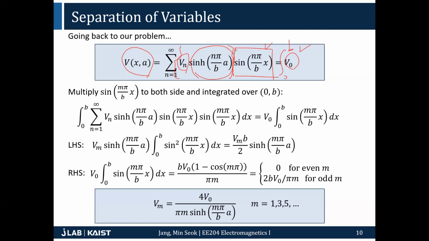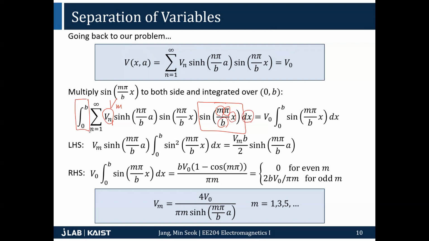So let me repeat what I just said. In order to obtain vm, for instance, what we need to do is multiply sine m pi over b x and then take integration. So this is basically the inner product. And then do the same thing on the other side. Multiply this, take integration from 0 to b, right?